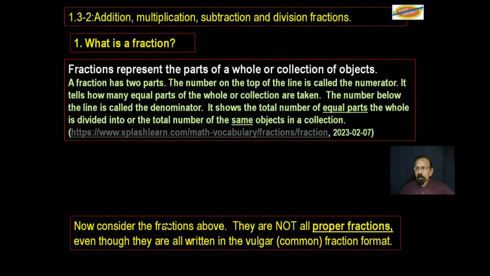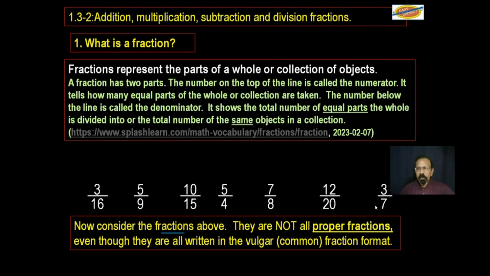However, now consider the fractions above. 3/16, 5/9, 10/15, 5/4, 7/8, 12/20, 3/7. You will notice that they are not all proper fractions, even though they are all written in the common fraction format.